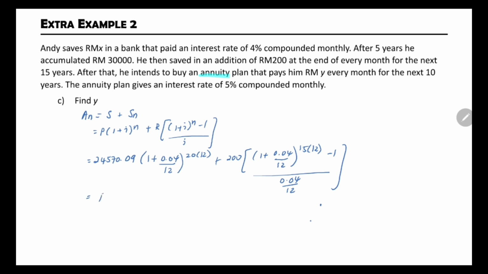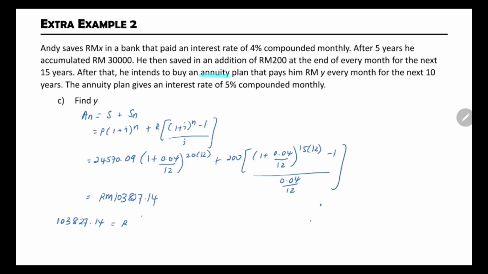This gives us an annuity of RM 103,827.14.